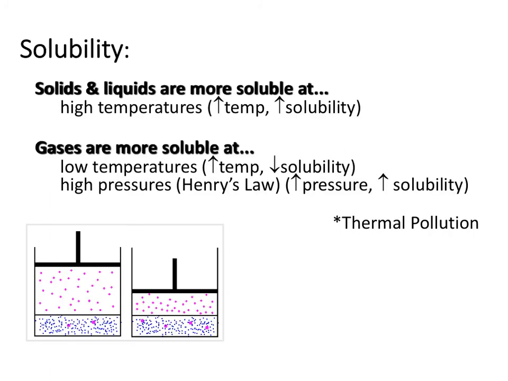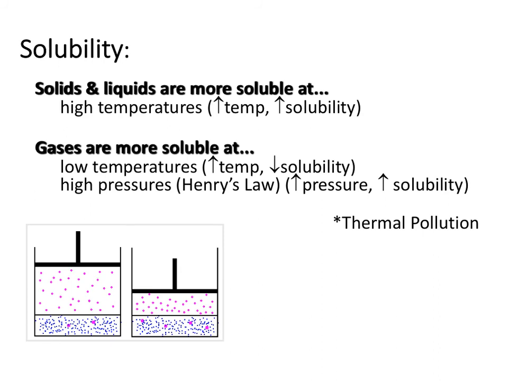So solubility, the way we've discussed it so far, is relative to solids and liquids. And we have a very intuitive sense of what solids and liquids do relative to temperature values. Solids and liquids, when you put them in a hotter solvent, are going to be more soluble, right? So the higher your temperatures, the more soluble your solutes are going to be.